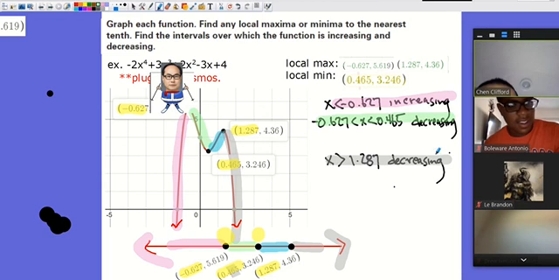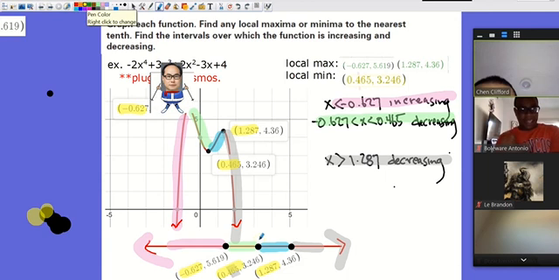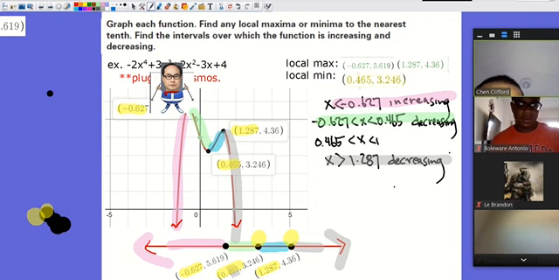And last but not least, let's look at blue here. Blue touches 2 endpoints. It touches 2 points, and therefore you're going to write 2 x values also, just like green. 1.287.